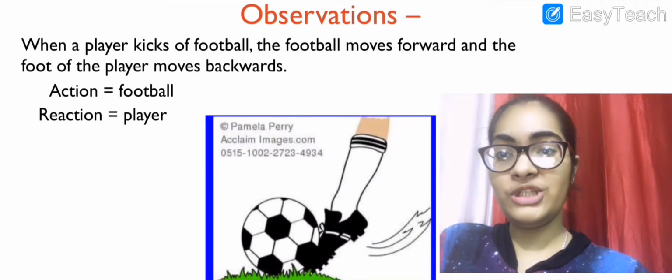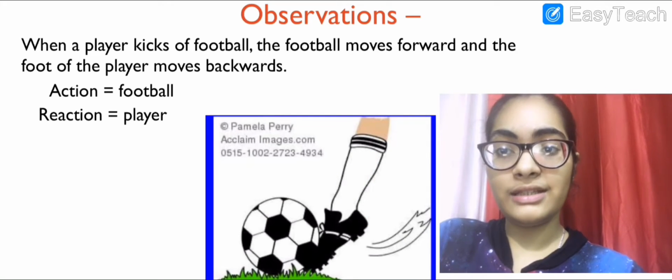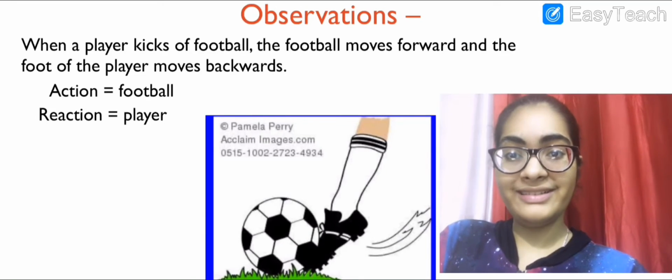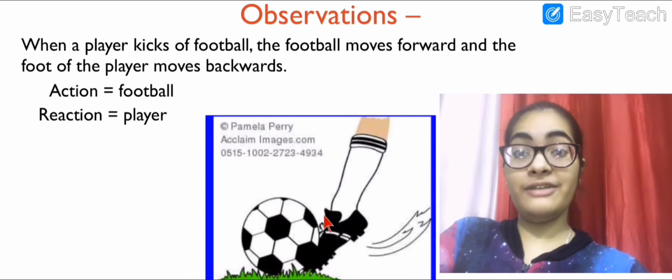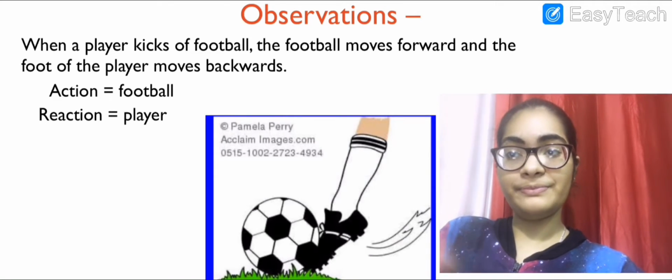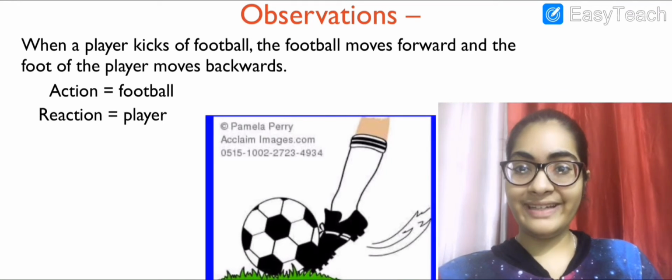Can you see in the picture? The player is kicking the ball, right? Kick on the football and the football will return a force back on the player, right? I hope that's very clear.